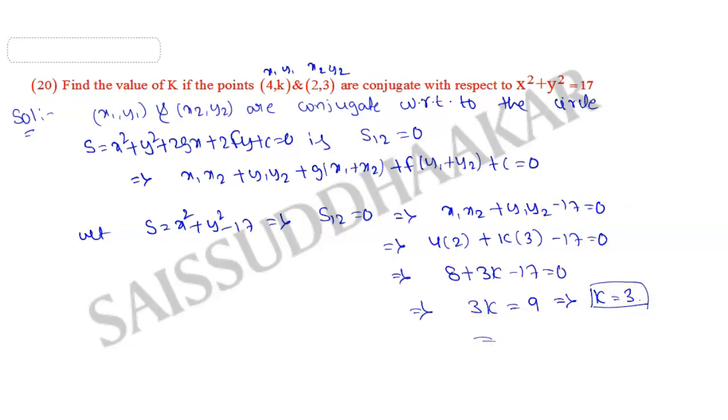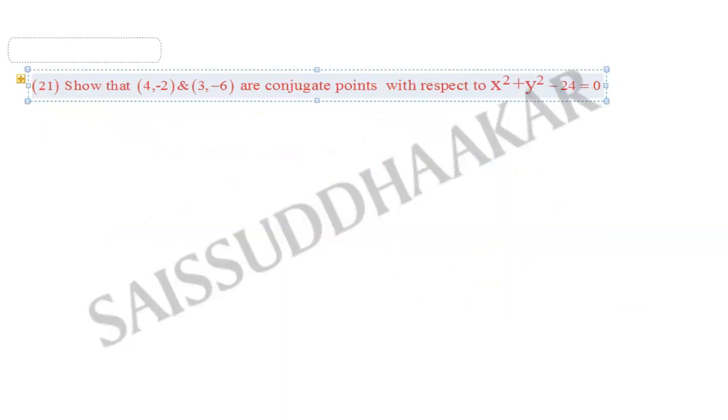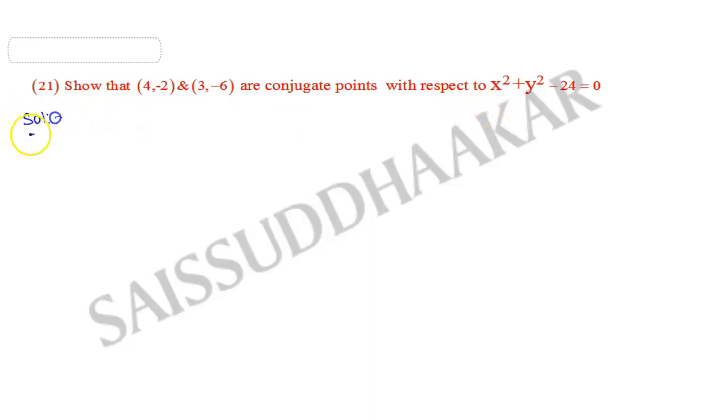Okay, now go for the next question. Same here, conjugate points with respect to the circle. Directly I am writing S equals the circle equation x square plus y square minus 24.